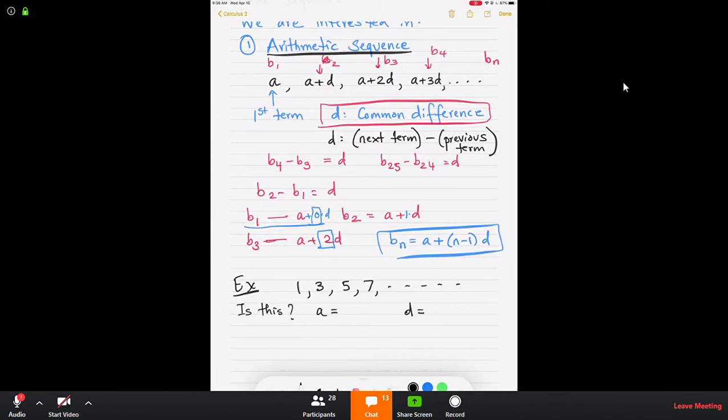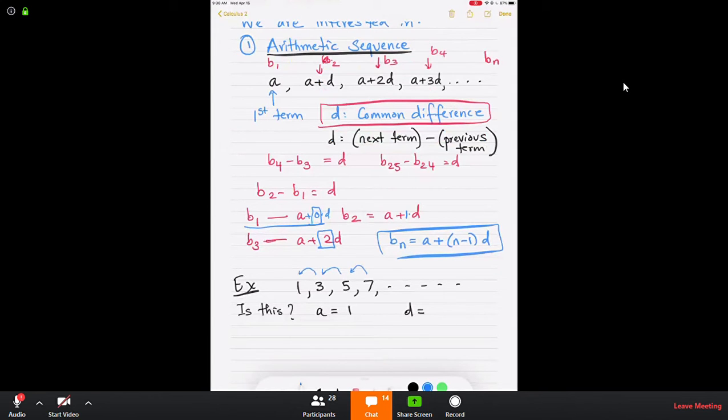So a equals 1. Very good. And d equals... The pattern is an addition of 2 each time. There we go. So you're just going to say, okay, 3 minus 1, because it's next minus the previous, and you're going to check if it's the same for everybody.